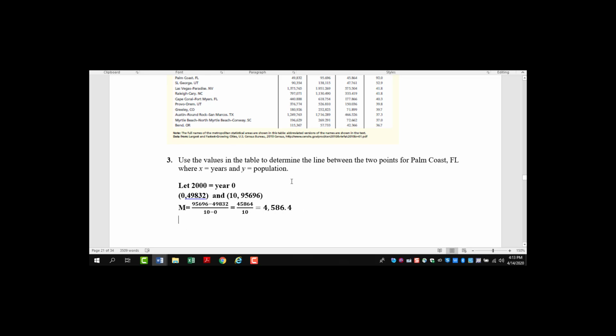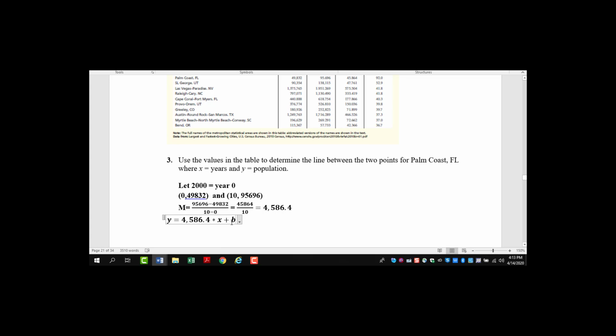So I can now start building my equation. Well, let me use the equation editor. The output of the total population y is going to equal 4,586.4 times the input plus b.